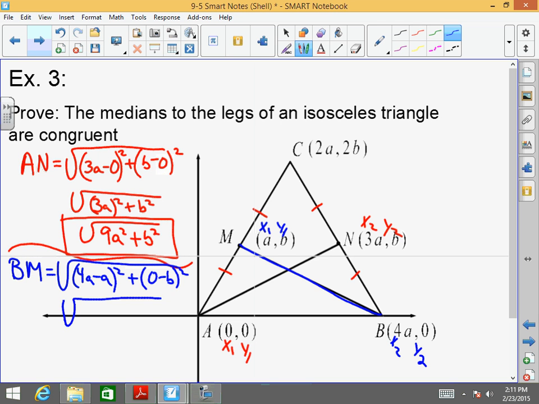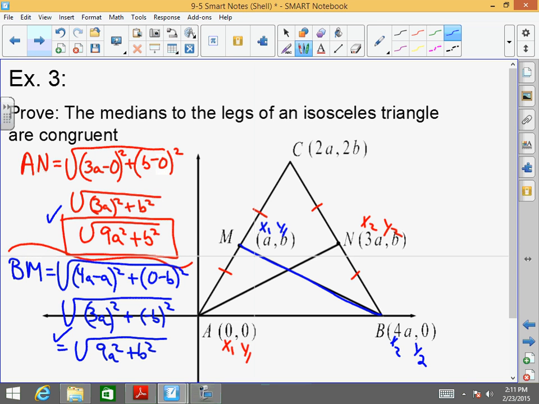This gives me the square root of 3A squared again, plus negative B squared, which equals the square root of 9A squared plus B squared. And we have proven that those two are equal by using the distance formula.